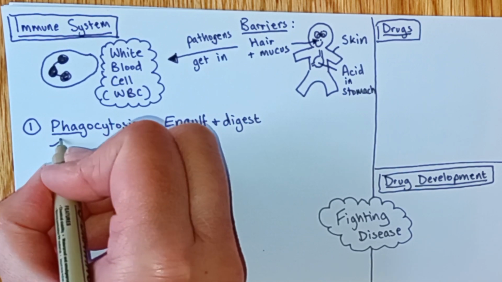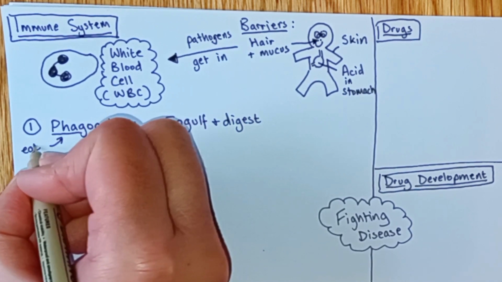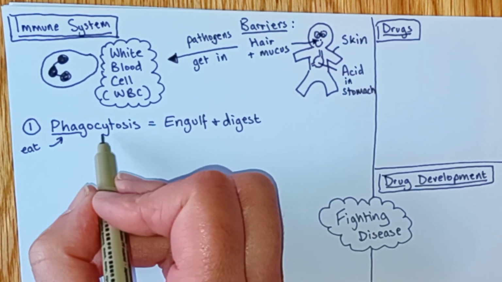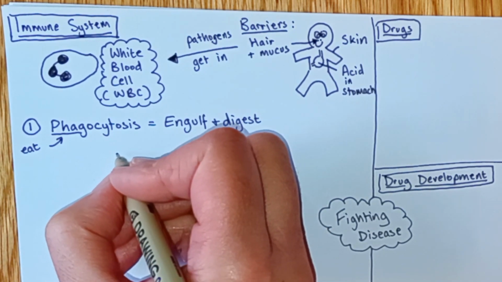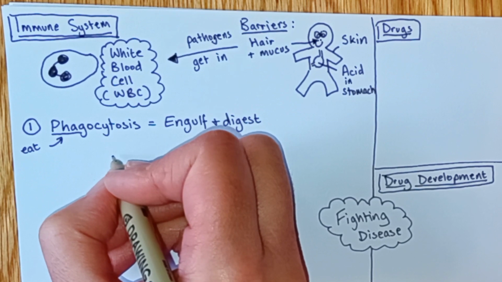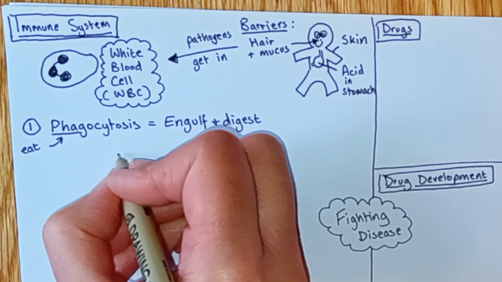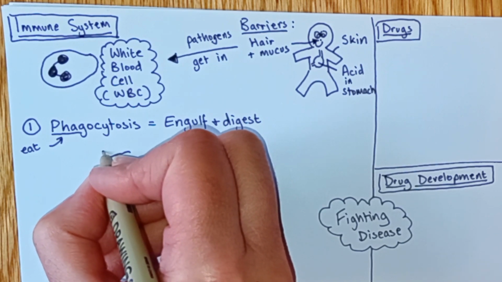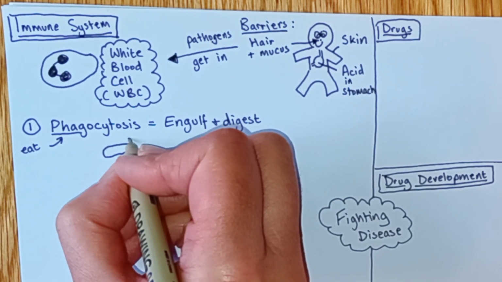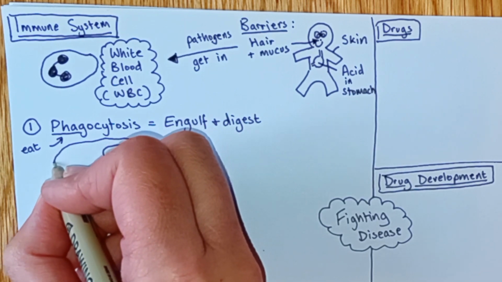Phage means to eat. So it literally means cell eating. Phagocytosis then happens in quite a few different types of white blood cell. And what they do is they detect your pathogen and then they send out their cytoplasm, and it makes like little arms that wrap around the pathogen.